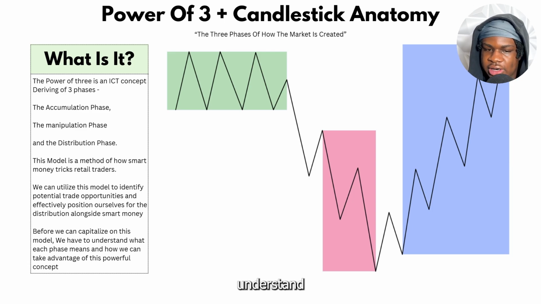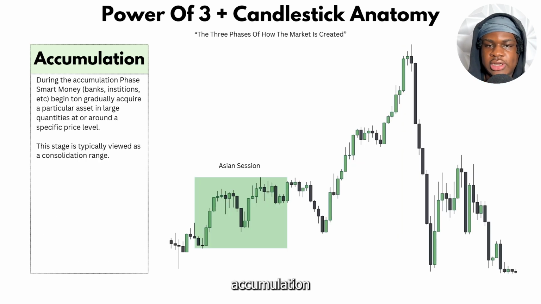If we can capitalize on this model, we have to understand what each phase means and how we can take advantage of this powerful concept. So during the accumulation phase, smart money, banks, institutions, so on and so forth, begin to gradually acquire a particular asset. This could be bonds, indices, forex, right? Whatever you trade in large quantities at a specific price point.